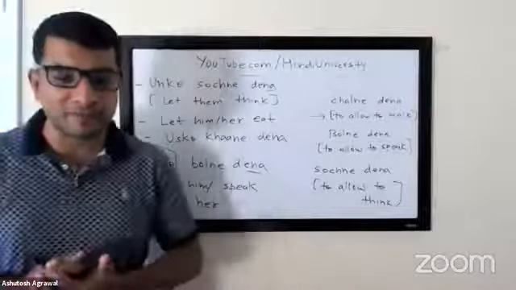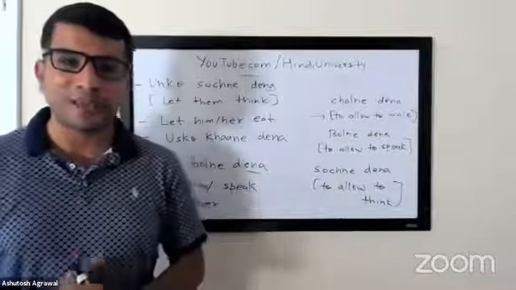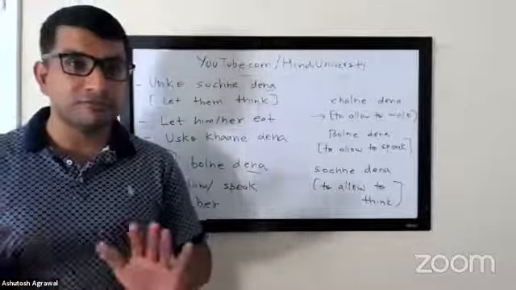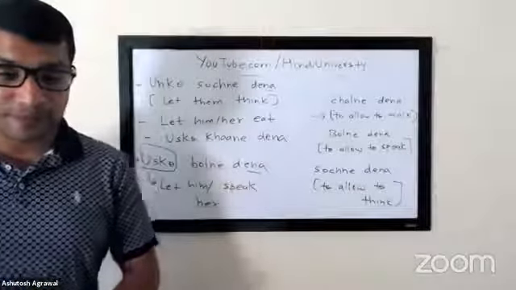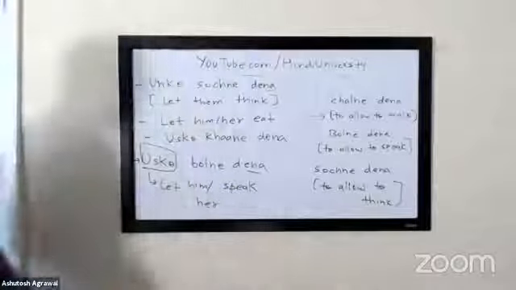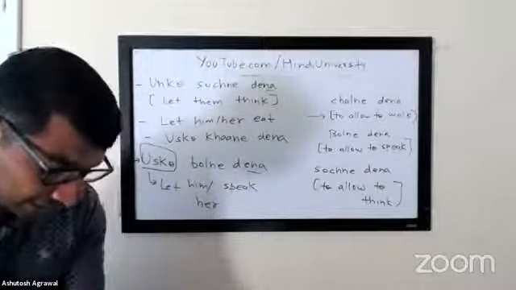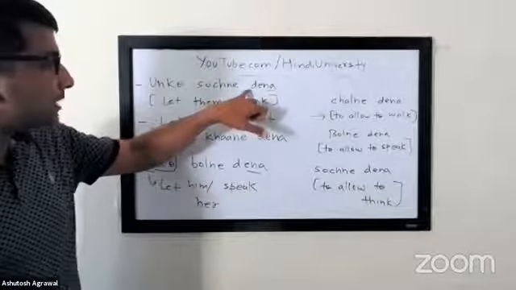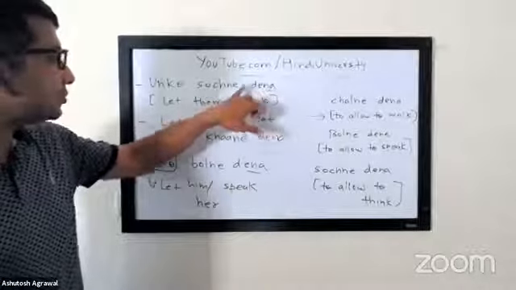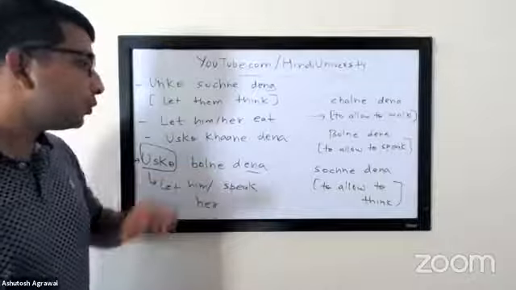As soon as he comes back from playing, he has to finish his homework. And mom is like, no, let him eat first. Usko khane dena. That could be the case here. Usko khana khane dena pehle. Right. So in all those cases, I use the dena as it is. उनको सोचने देना, उसको खाने देना, उसको बोलने देना.